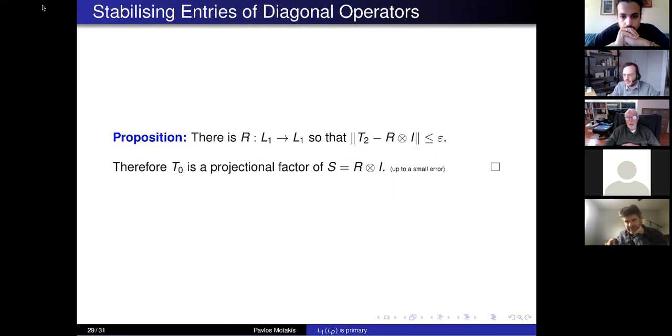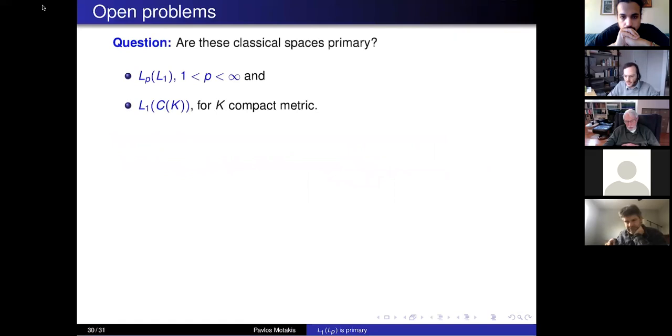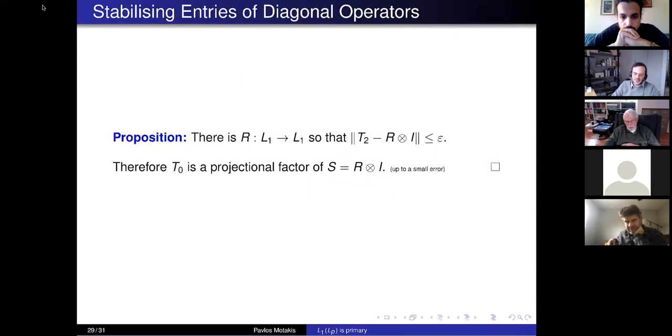Because all the entries are very close, it has to look like something like this. And therefore, with these stepwise reductions, we show that T0 is a projectional factor of this S, which is of this form, and therefore L1 of LP is primary.